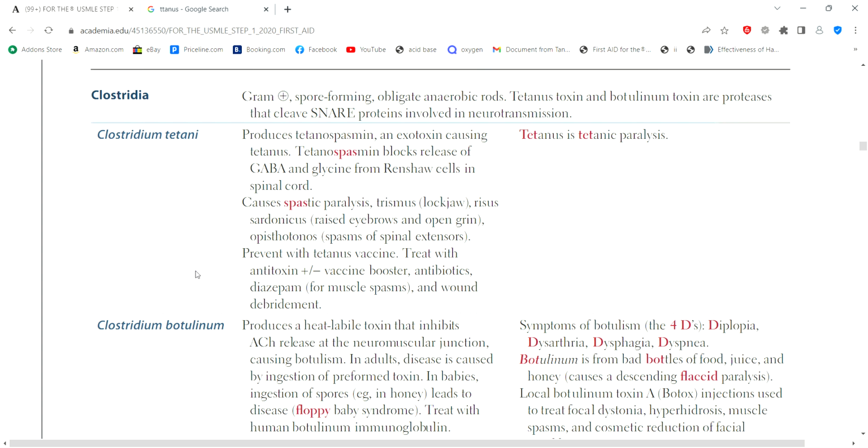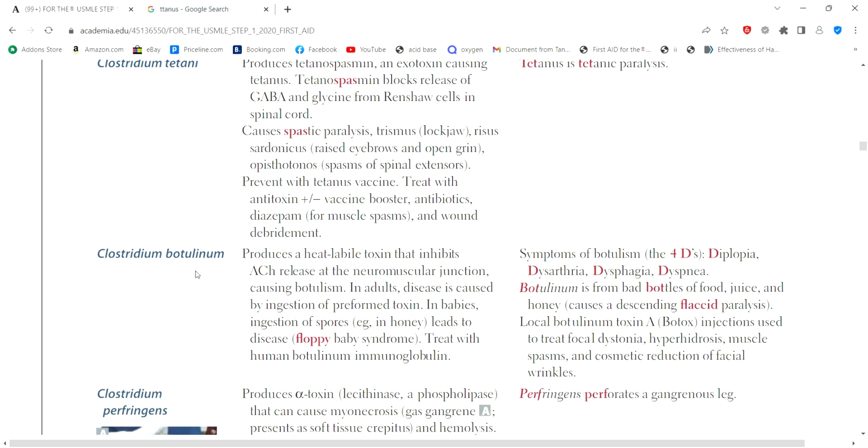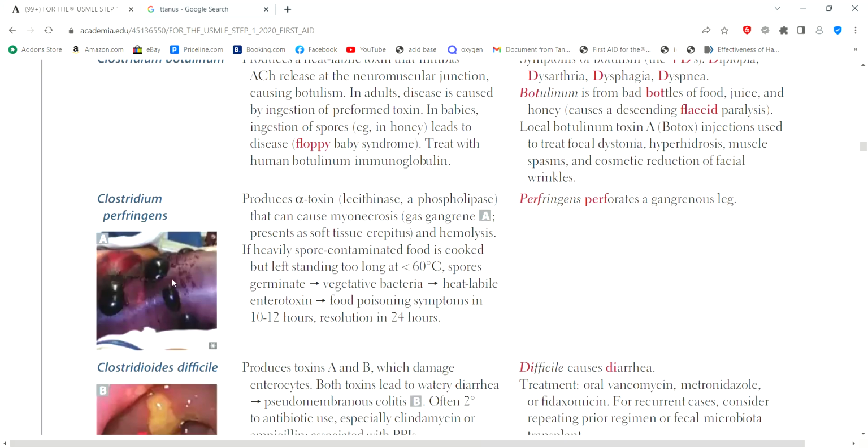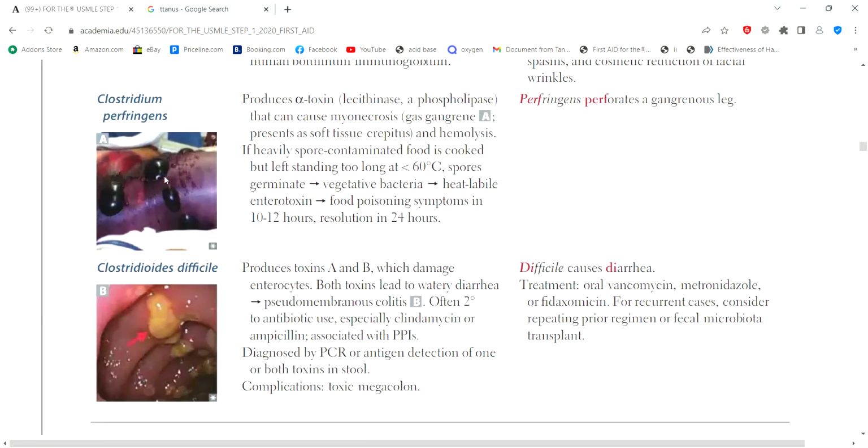Lecithinase, a phospholipase that can cause myonecrosis, also known as gas gangrene. So, gas gangrene, right here, this diagram.